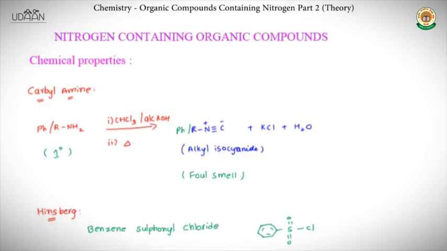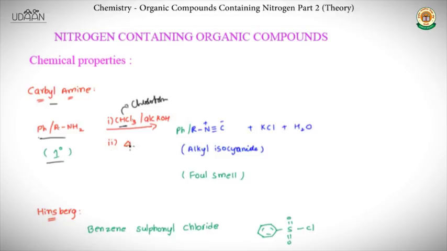Now that we are done with the fractional distillation, let us see the Carbylamine test, which we are given in the table. In the Carbylamine test, first treat any primary amine, say RNH2 or PhNH2, with CHCl3, which is chloroform, in the presence of base, say alcoholic KOH.